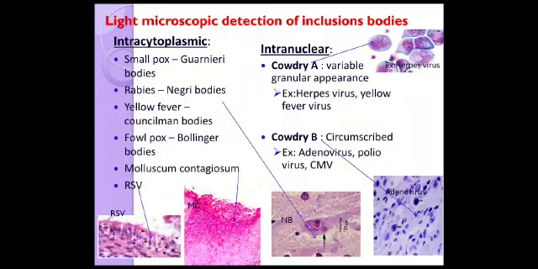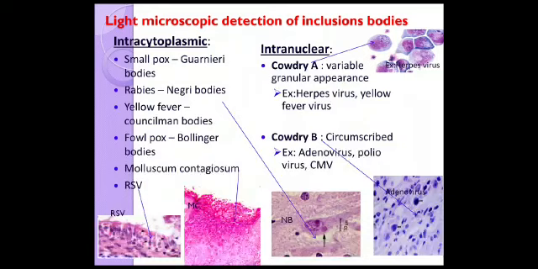The infections where you see intracytoplasmic inclusions are smallpox, which are called Guarnieri bodies, rabies, Negri bodies, yellow fever, which are called Councilman bodies, fowlpox, Bollinger bodies. You can also see them in diseases like molluscum contagiosum and respiratory syncytial virus infections.